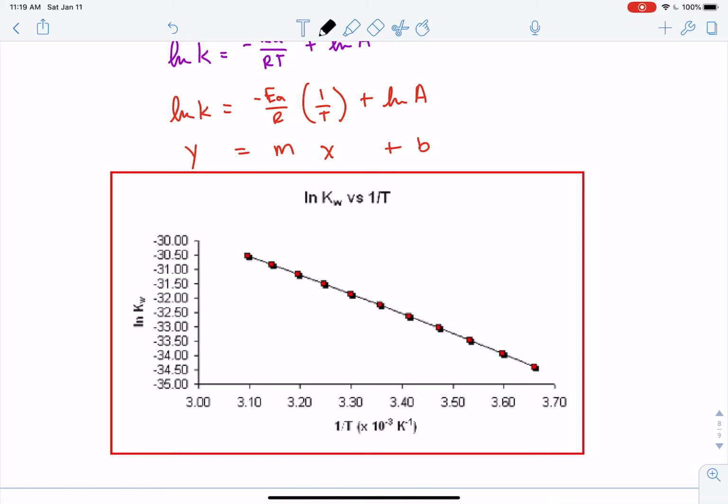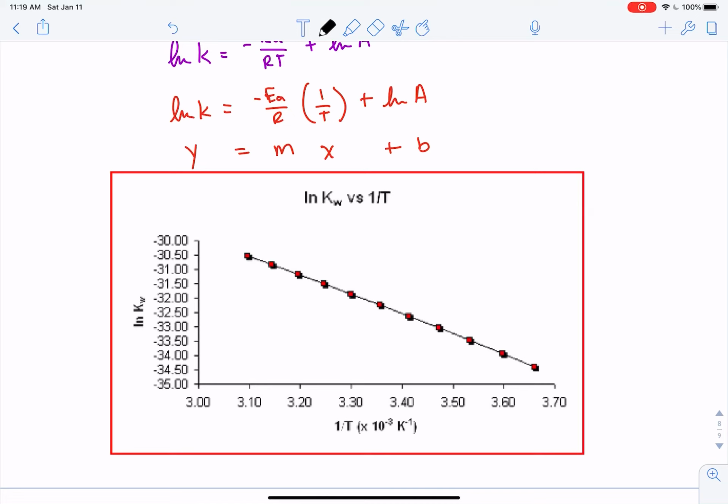Because you have a negative there, the larger the k, the more negative the natural log of k is. So then you get a line for that. I'd have to look back on the derivation. I'm not exactly sure about that.